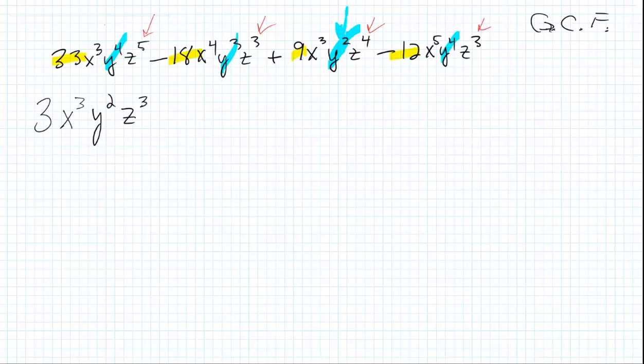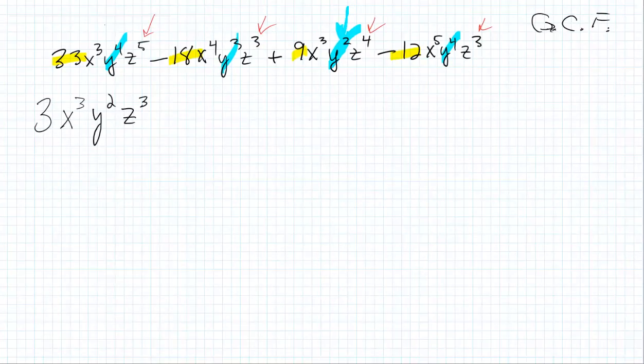If all you wanted was that, you could stop there. But if they're asking you to factor it, then you'll write this as equals, and you'll put parentheses over here, and we're going to fill in the blanks. When you're factoring, you're essentially dividing out the common factor that you have here. What's left over?